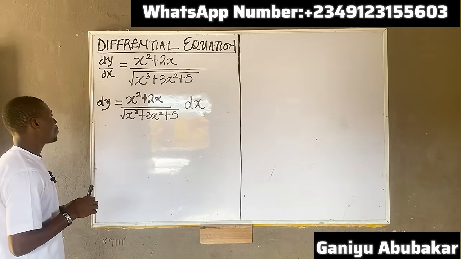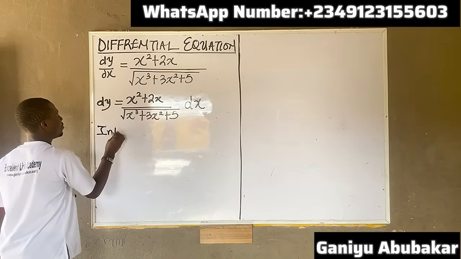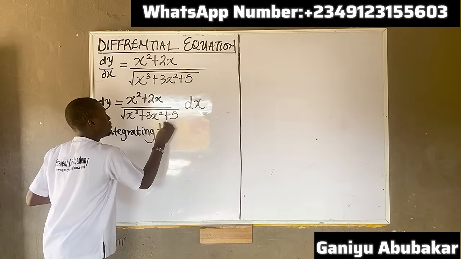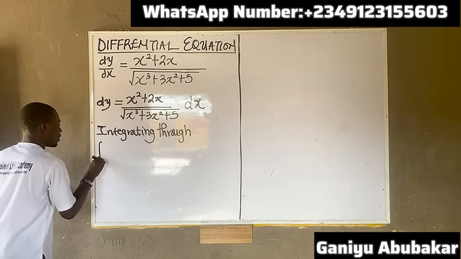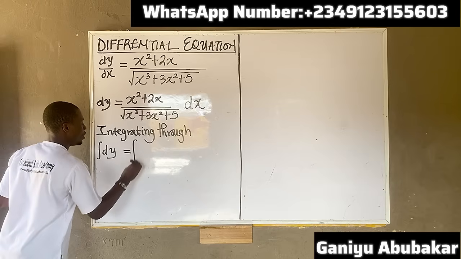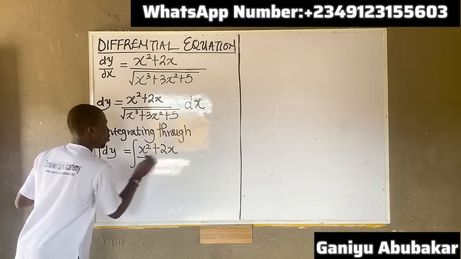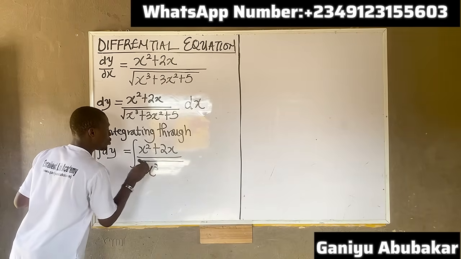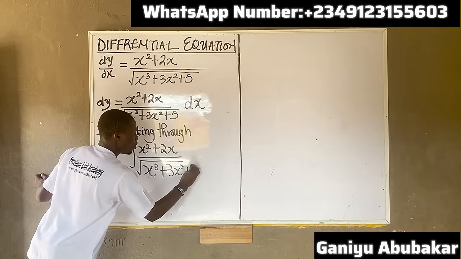Next stop, integrating through. That gives you the integral of dy is equal to the integral of x squared plus 2x all over the square root of x cubed plus 3x squared plus 5.